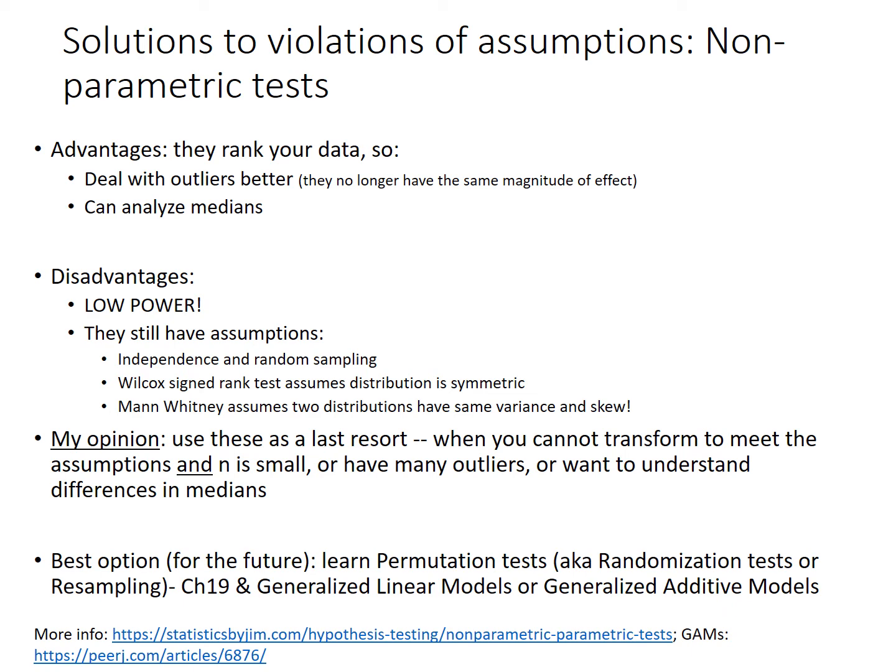Mann-Whitney assumes the two distributions should be about the same in their variance and have the same kind of skew if they are skewed. And so that is not too far off from being normal and having equal variance right here already. So you can tell that a lot of these tests actually do have some assumptions, and it's kind of important to dig into them a little bit if you go to apply them for your own data set. So always keep that in mind.